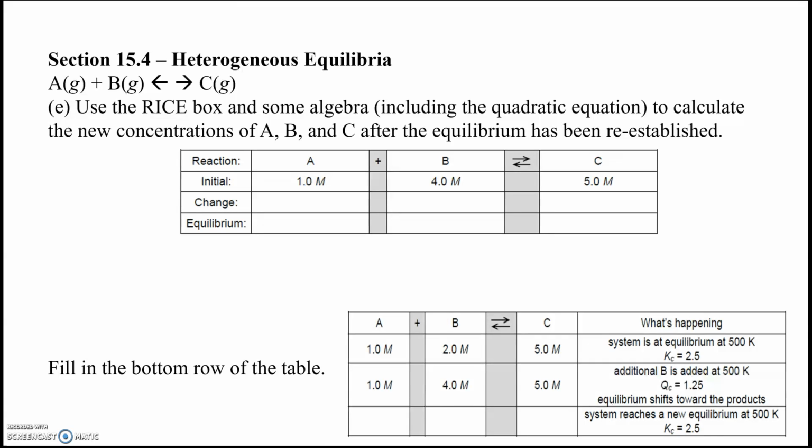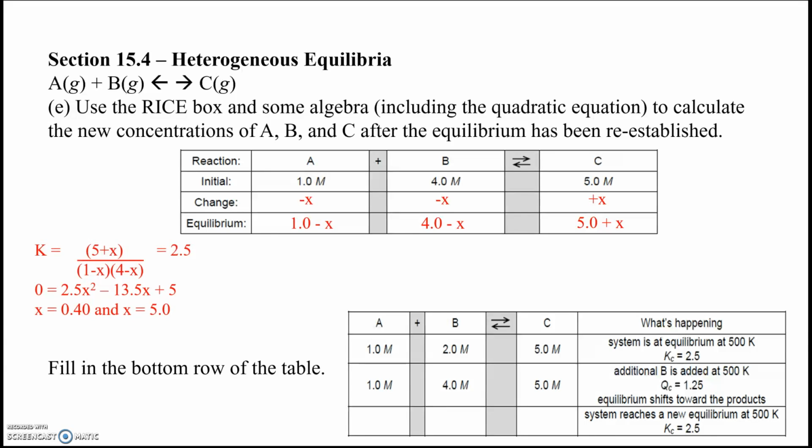All right, now the next question says we want to use the rice box and some algebra, which unfortunately is going to include the quadratic for this problem, to calculate the new concentrations of A, B, and C after we get back to equilibrium. So we plug in our change, minus X, and plus X. We write down our equilibrium positions.